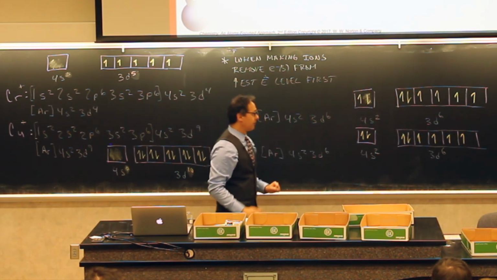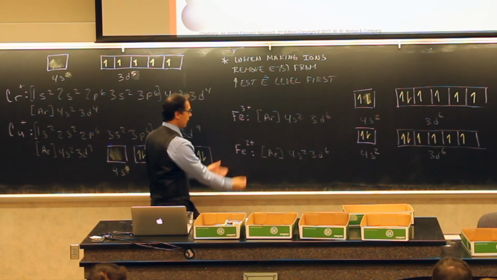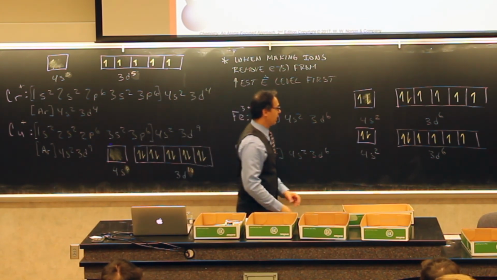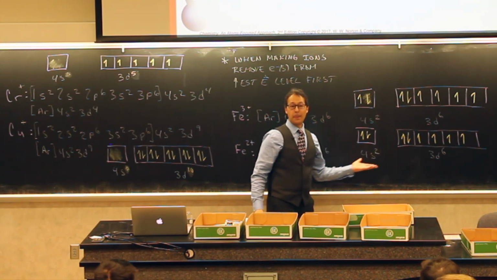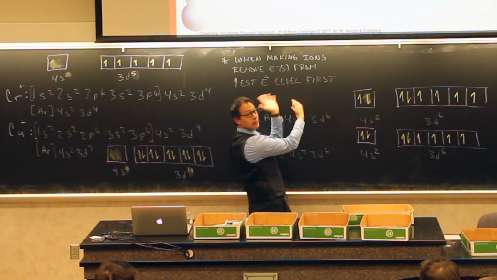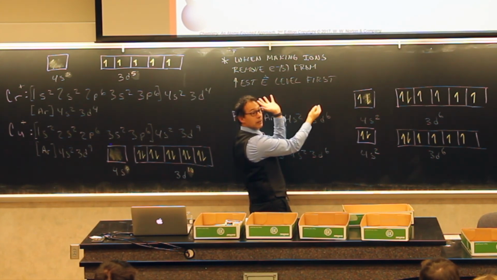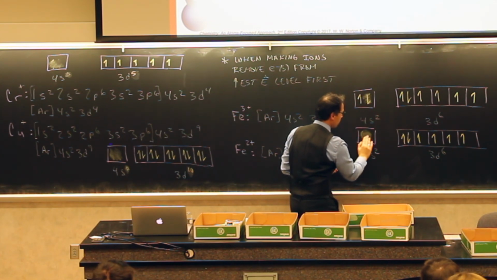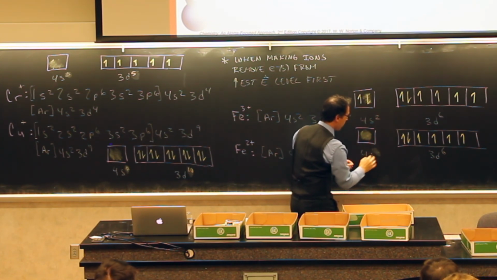All right, now, if we're going to make a 2+ cation, we're going to lose 2 electrons. Where are they going to come from? Highest energy level. Yep. So we're going to lose from here. Those go away, and this becomes 4s0.